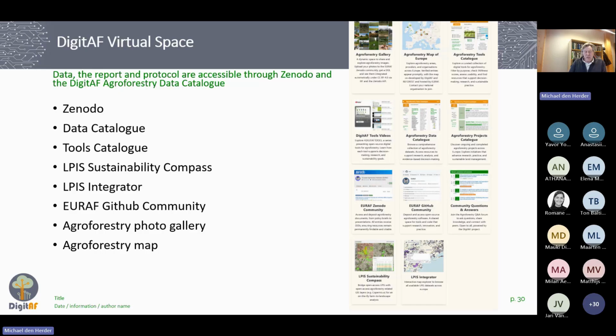But then we have other tools on the DigitAF virtual space, like the tool catalog and the LPIS sustainability compass. It already works for 9 countries which have a land parcel identification system.